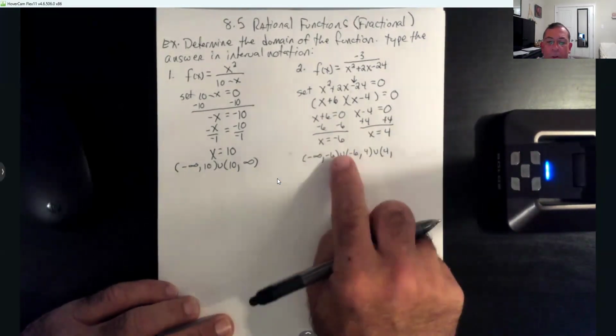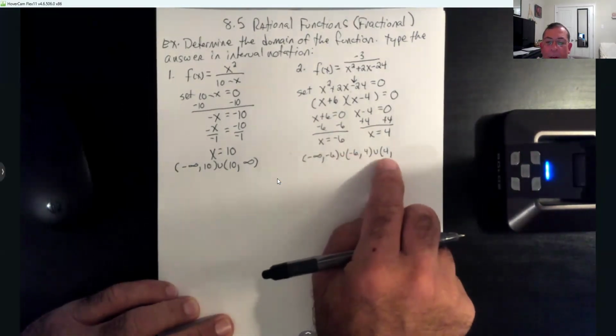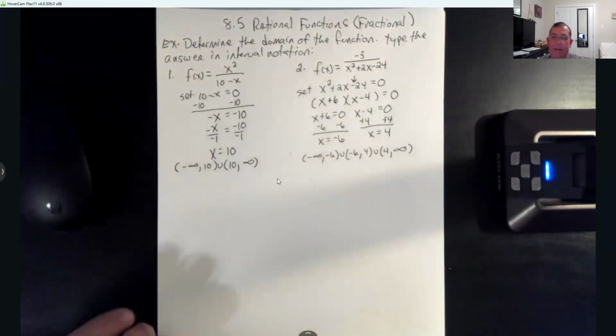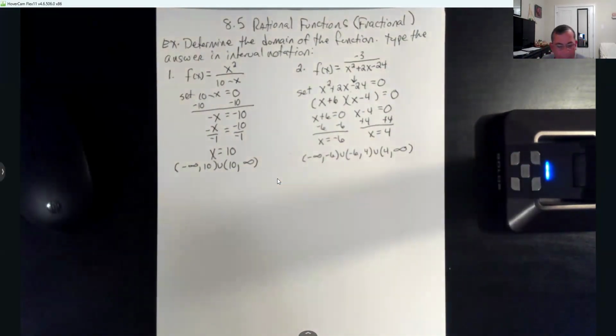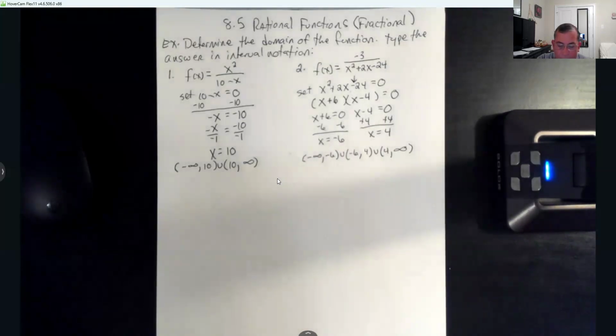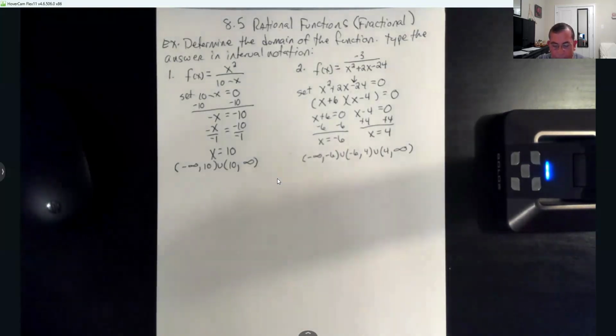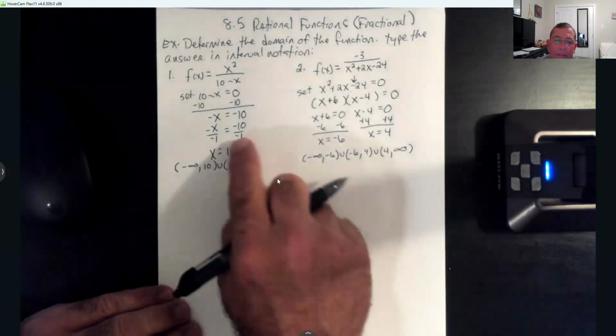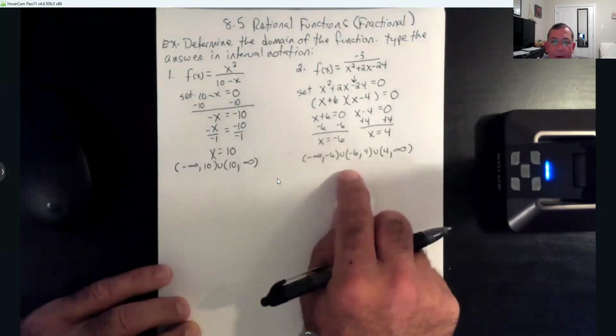Those are the only two numbers I kick out. So from here, I can head toward infinity. Okay, so that's the trick on those: set the denominator equal to 0 and find what numbers you had to kick out of your domain.